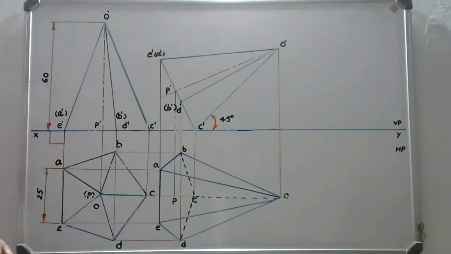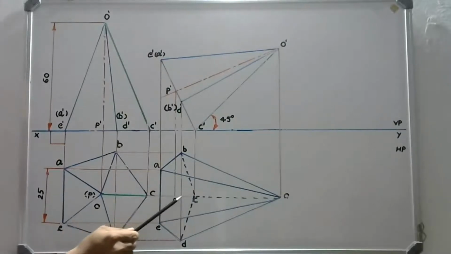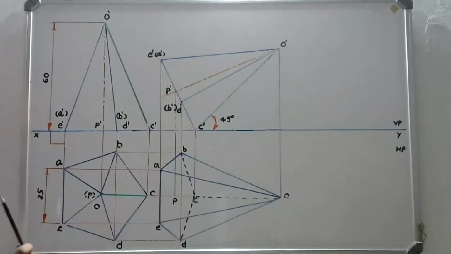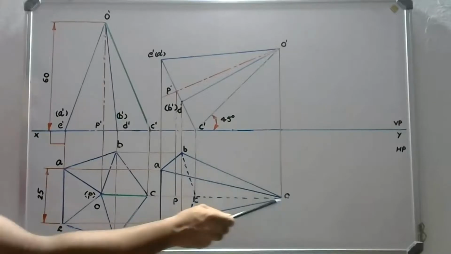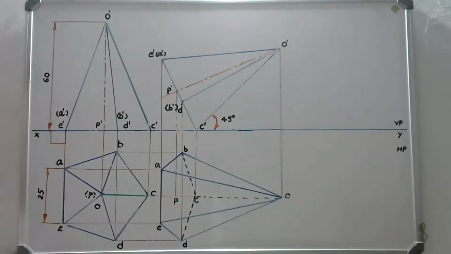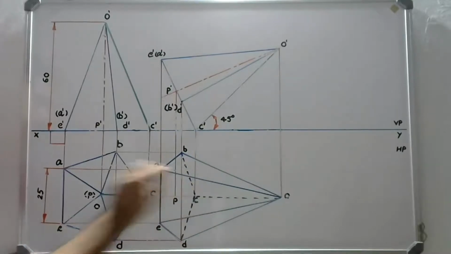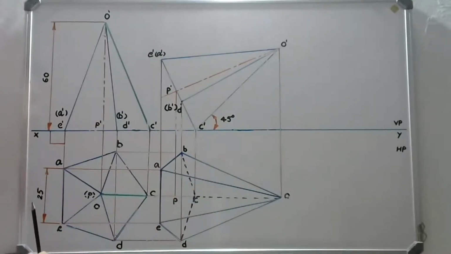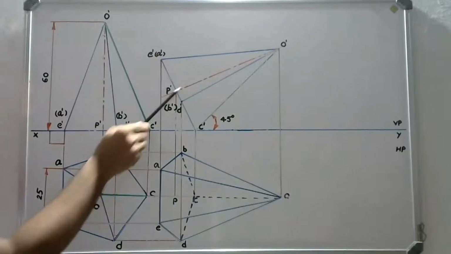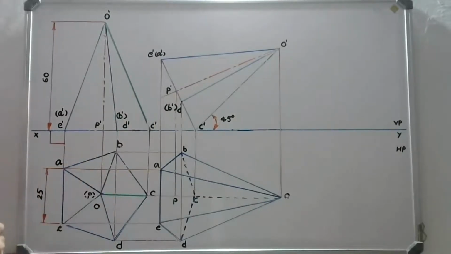Third case is the top view of the axis. In this case, the axis PO. The top view of axis PO is now parallel with the VP and it is inclined in HP.